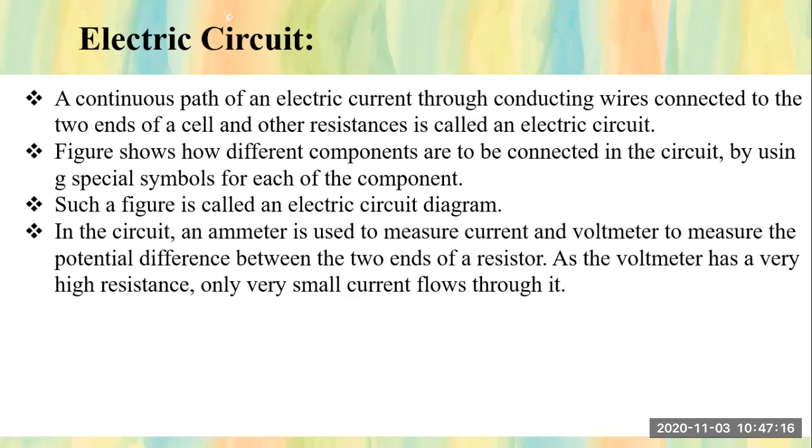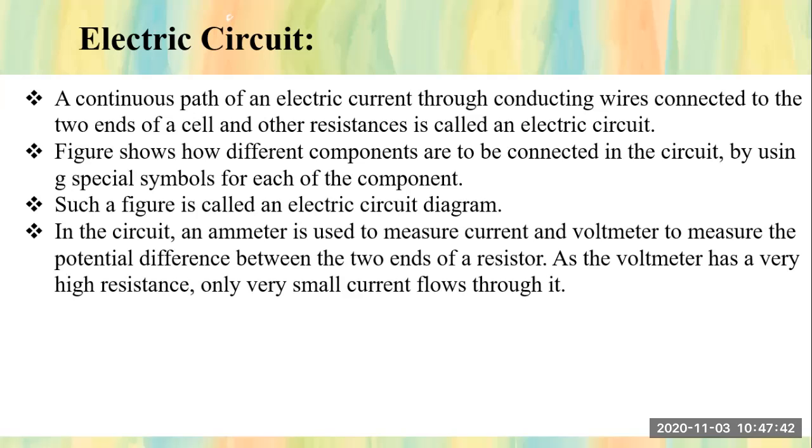But whenever we are drawing the electric circuit, is it necessary to draw the exact figure? It will be very difficult for us, okay? If we have to draw a cell, we would have to draw a huge cell. So there are many small symbols, right? Specific symbols for specific components that are used to draw an electric circuit.